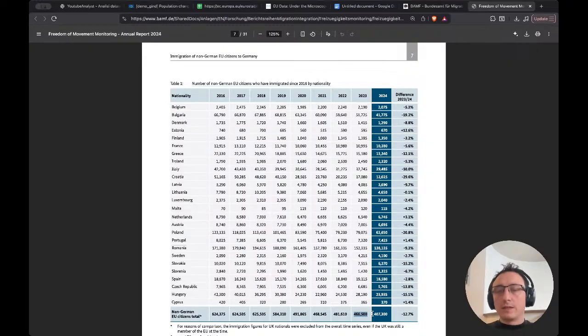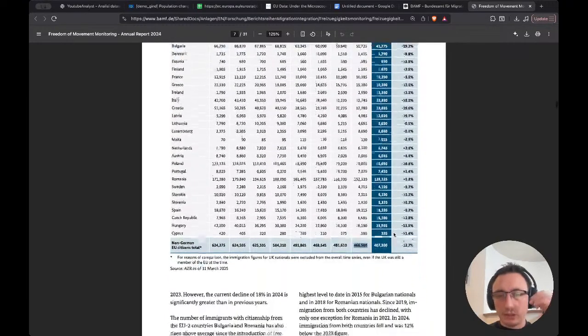So definitely the sum of this number, which is roughly 1 million, is responsible to the housing pressure we currently have on Europe in Germany.